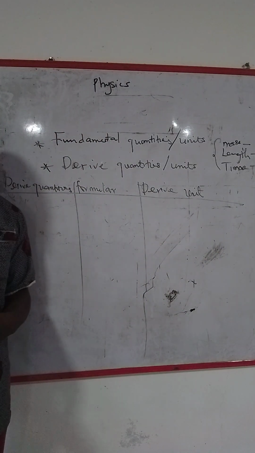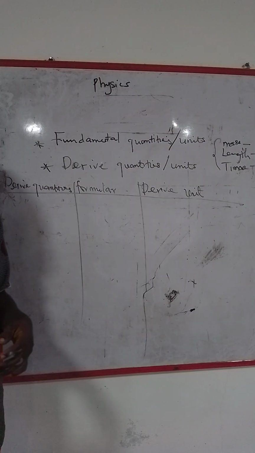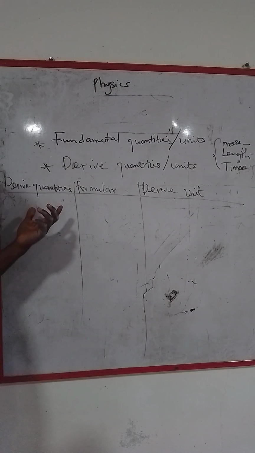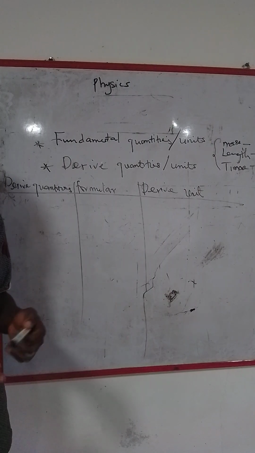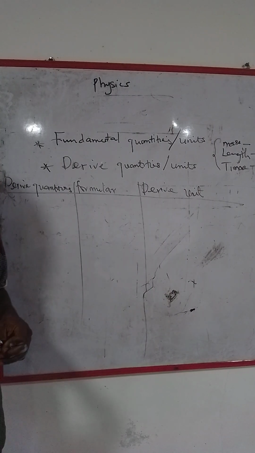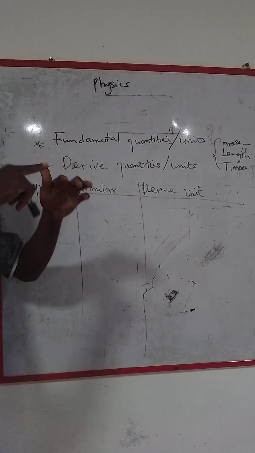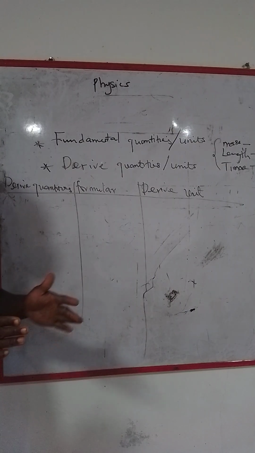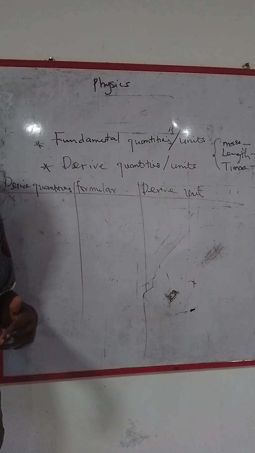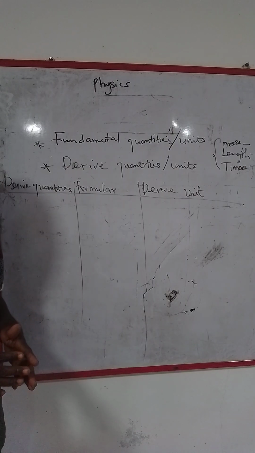Like I was teaching some persons, I said, when you are dealing with physics, in mathematics we know that the area of a rectangle is length times breadth. But in physics we don't see it from that angle. We see that any quantity we measure from one end to the other, we make use of length.